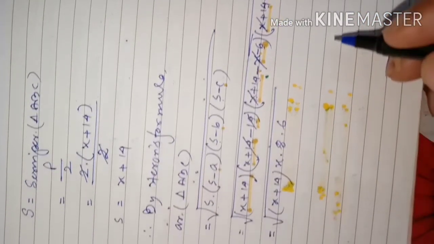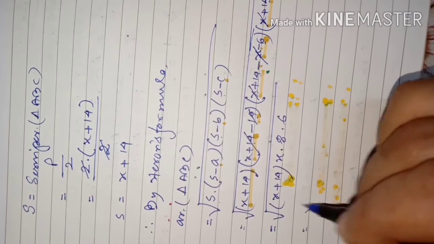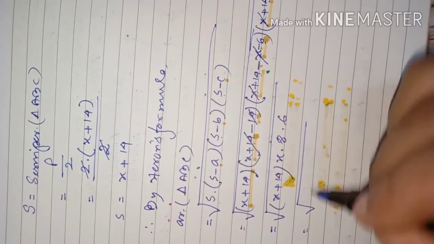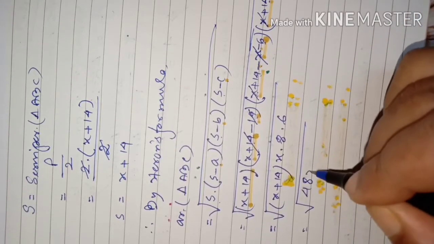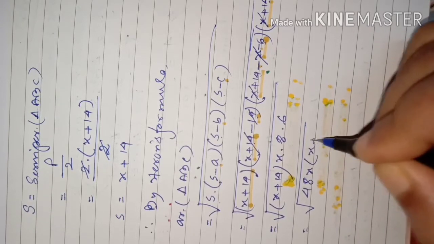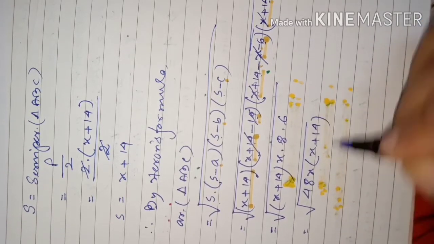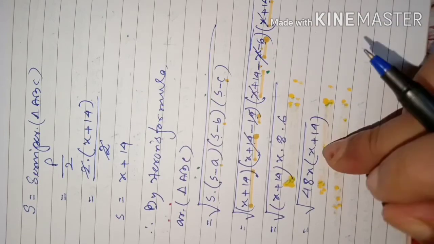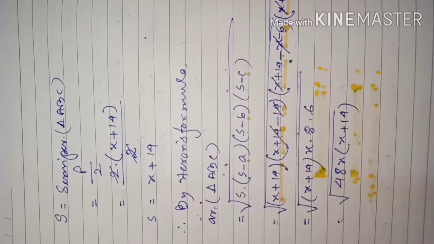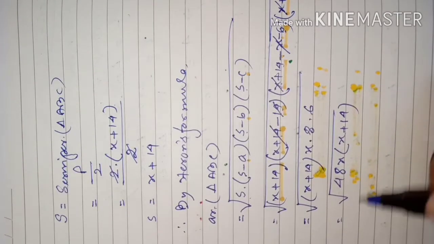So the area is under root 8 times 6 is 48, x into x plus 14. This is the area of the triangle ABC.